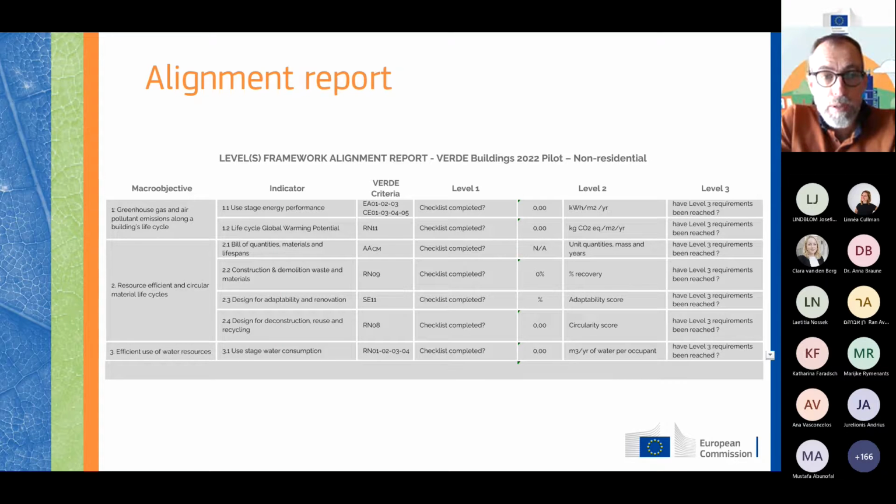Our tool offers a report on levels alignment customized for each project.